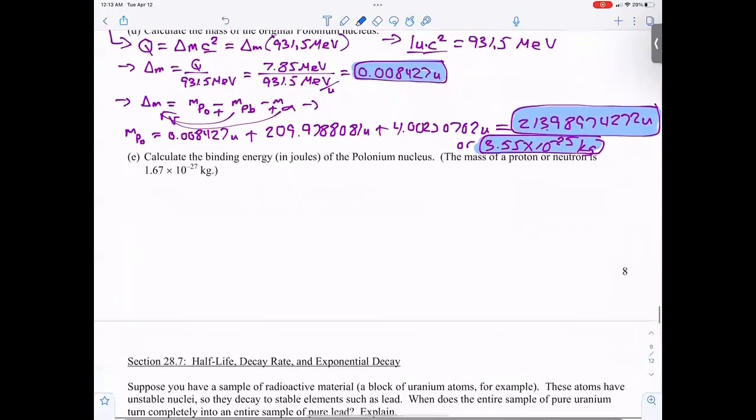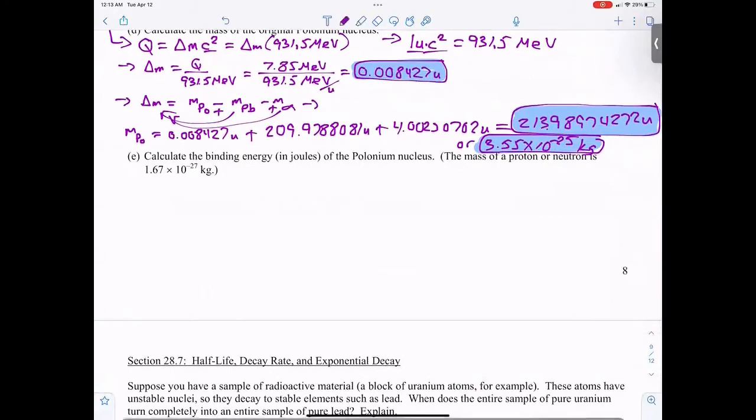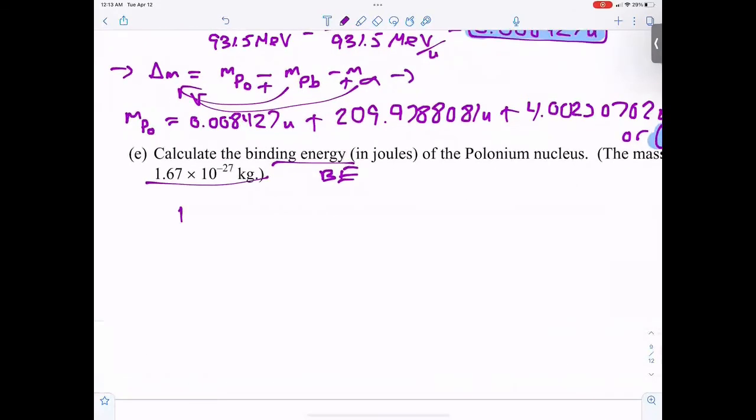Okay, so in part E, calculate the binding energy in joules of this polonium nucleus. In other words, the mass of the proton or the neutron is going to be this value right here. So the binding energy, we're going to call that BE. Well, the binding energy is equal to delta M C squared.